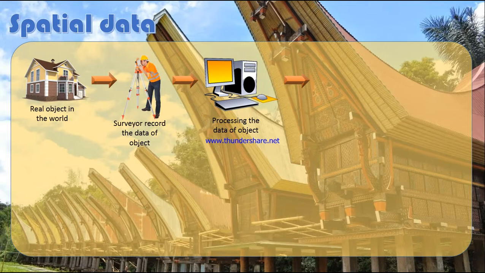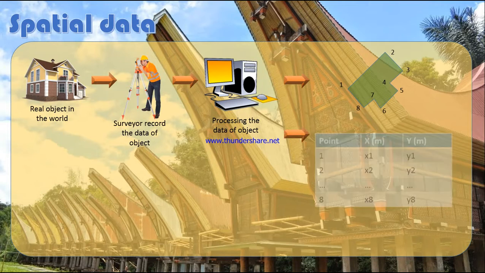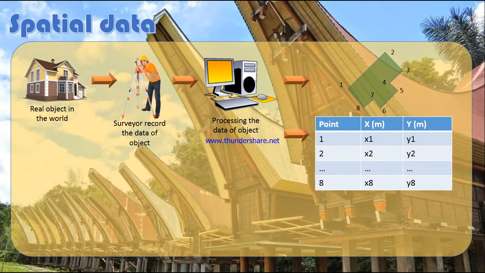The result of recording will show the geometry of object with the coordinate in every point. And also will be shown in tabular form. The number of points with the value as coordinate.